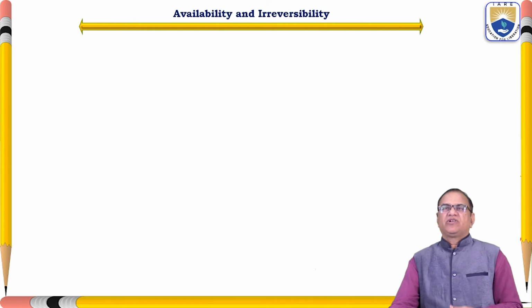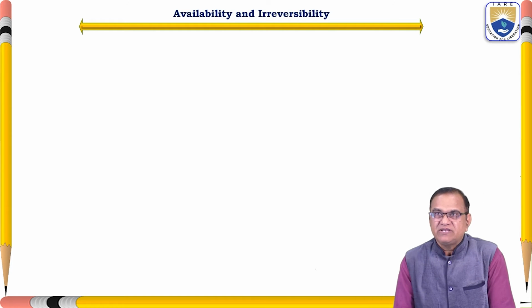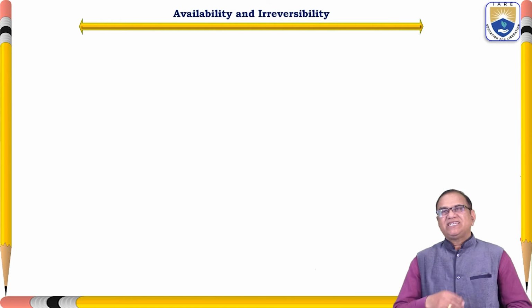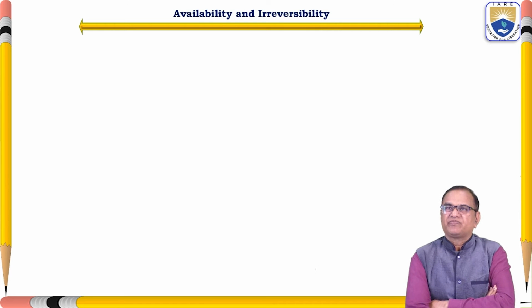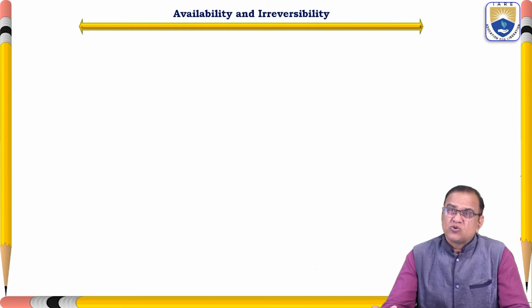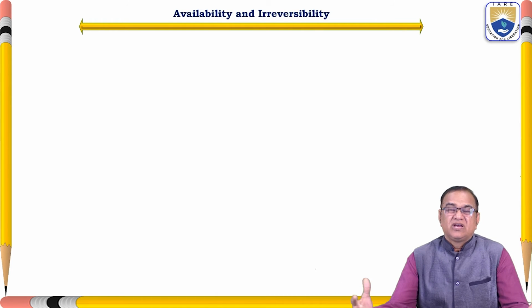Now I will discuss availability and irreversibility. We can see that in nature we have so many sources of energy like ocean, air, rivers, solar energy.